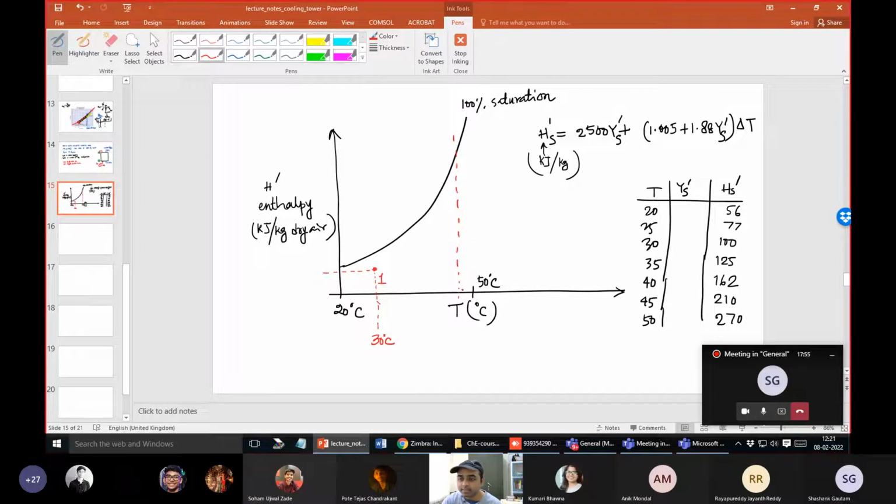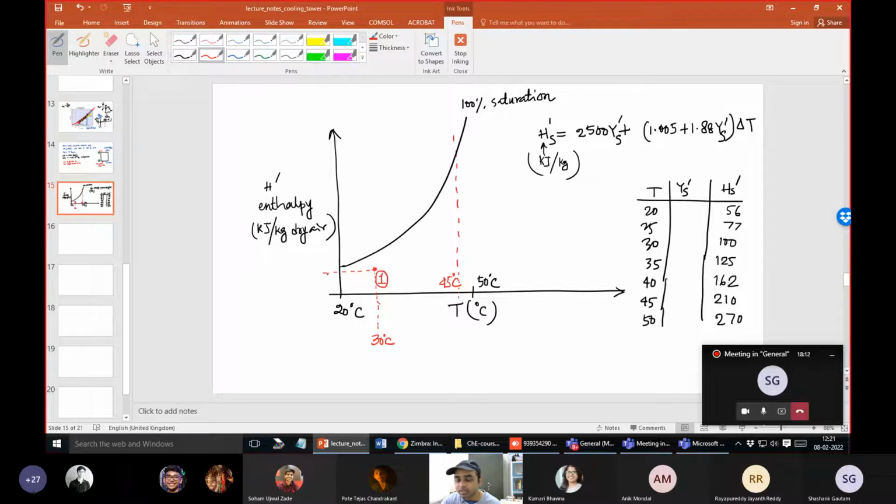Something like this. So this is at 45 degrees. But since we do not know the enthalpy value of the top or the exit air, we cannot fix the point yet.